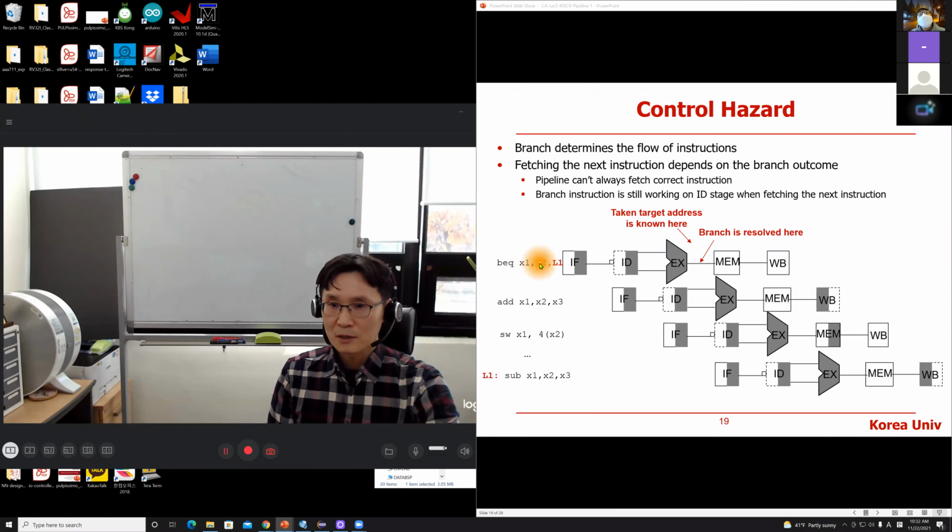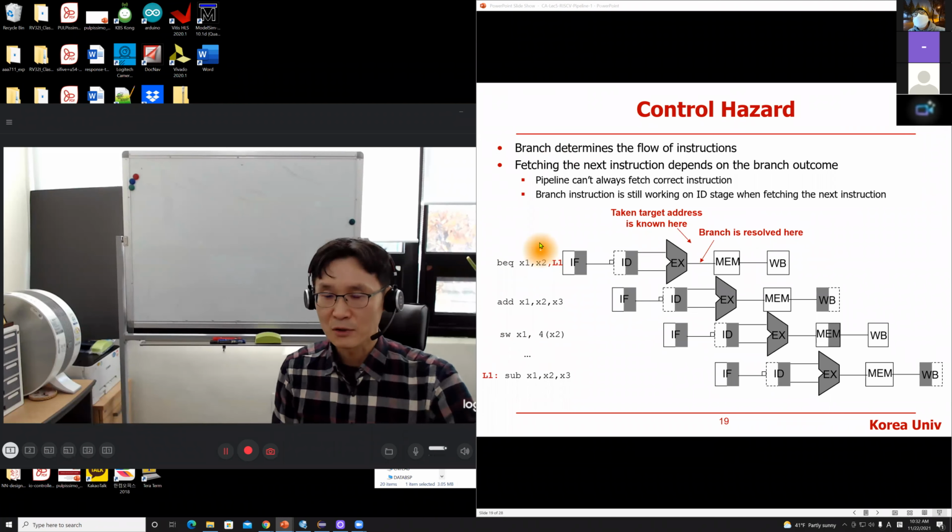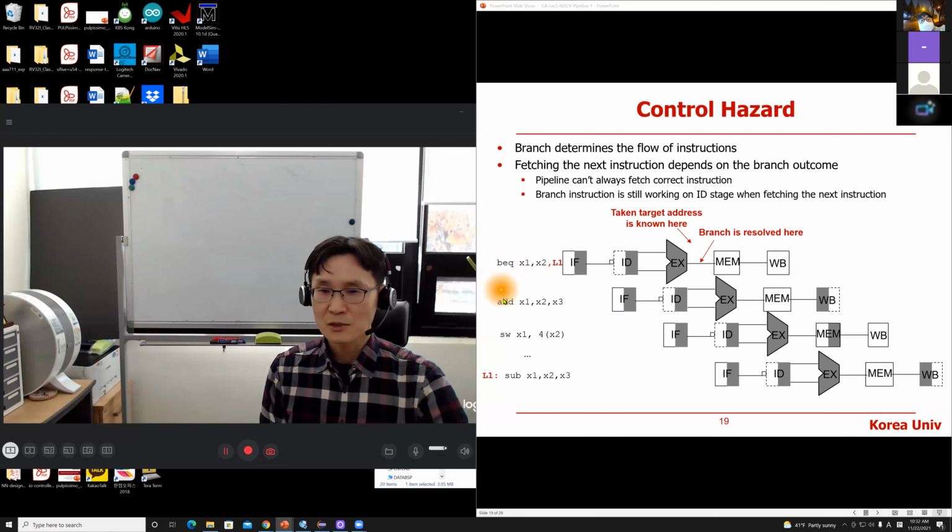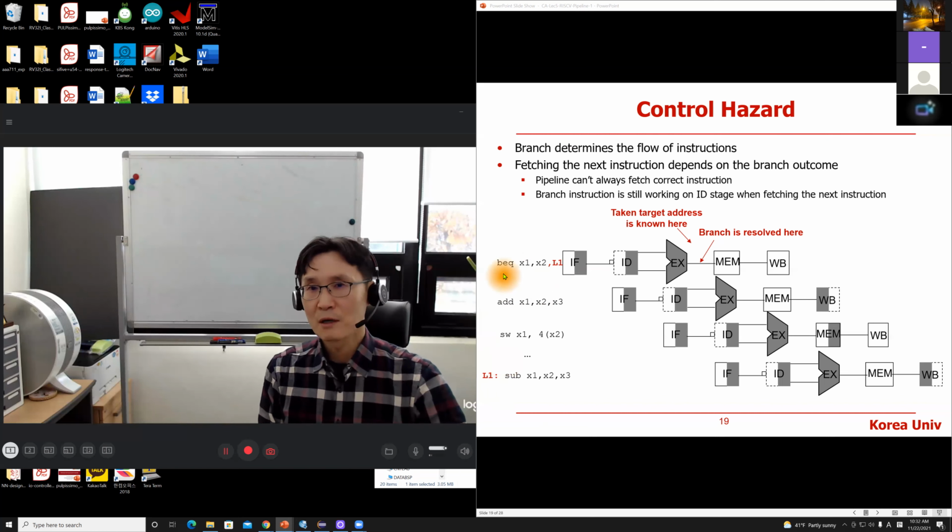Branch equal: if these two are equal, then you branch to this label, this instruction. Otherwise, you fall through. So depending on the condition, it changes the execution flow. If branch is not taken, you execute the PC plus 4 located instruction. Otherwise, you branch. This is a conditional branch instruction.